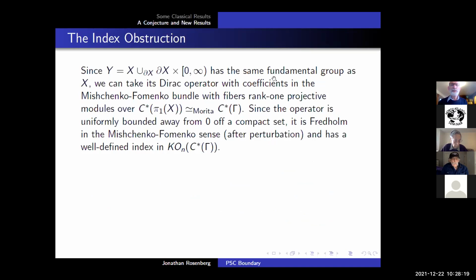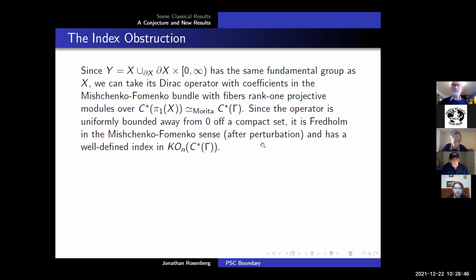So since the scalar curvature was uniformly positive except on a compact set, this Dirac operator is uniformly bounded away from 0 except on a compact set. And so you can show from that it's Fredholm in the Mishchenko-Fomenko sense, and therefore it has a well-defined index in KO_n of C-star of gamma.